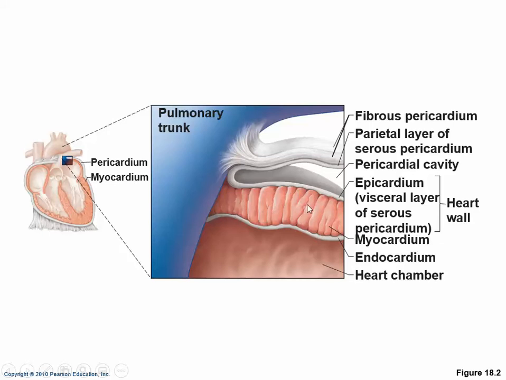This is heart muscle, so that's the myocardium. This layer here is the endocardium, and this is the space where we find the blood, the chamber of the heart. In this case, it happens to be the left atrium.